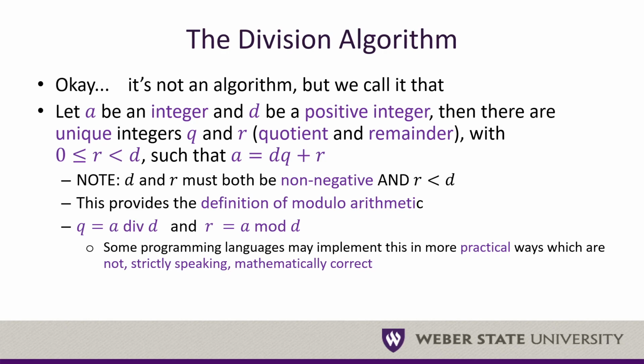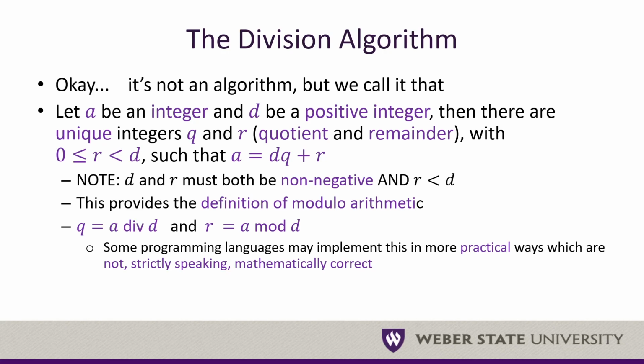If I do the division here, my quotient, negative 43 divided by 11, should be negative 4, because if I put a negative 3 in there, I'm going to get a negative remainder, and I don't have negative remainders with my division algorithm.